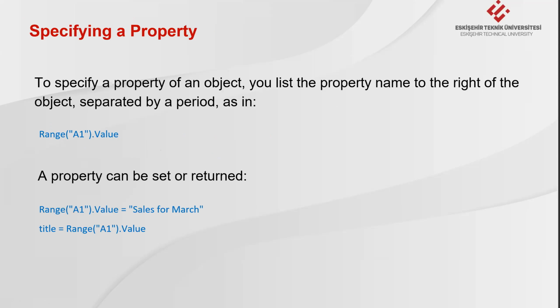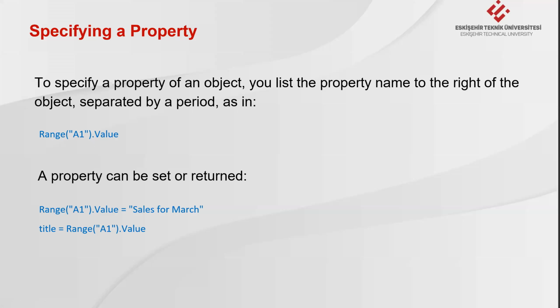Okay, before a break, we have two more slides, and you can specify a property as well. To specify a property of an object, you list the property name to the right of the object, separated by a period again. For example, you have a range object, and you can specify its property with a period and its name.